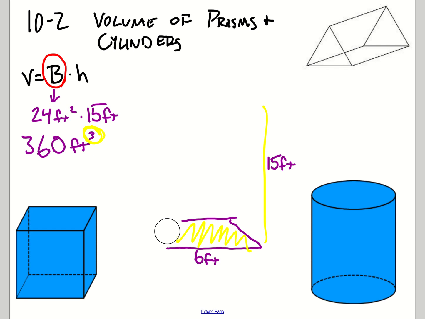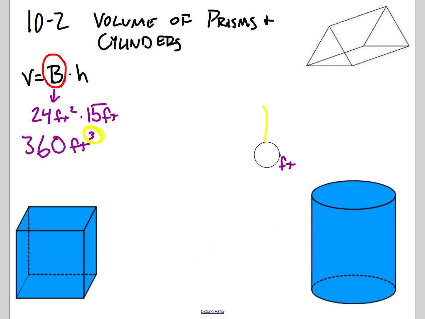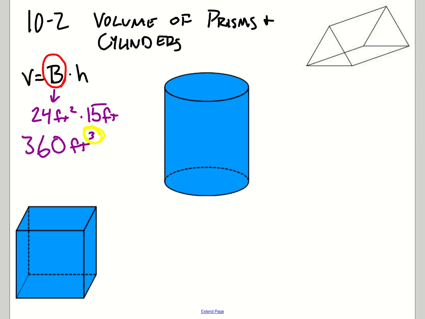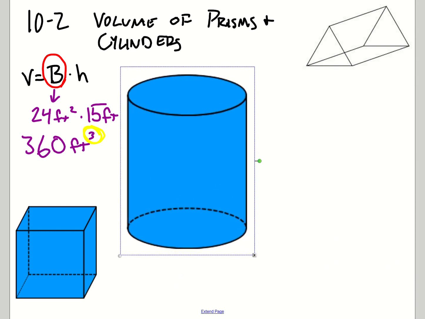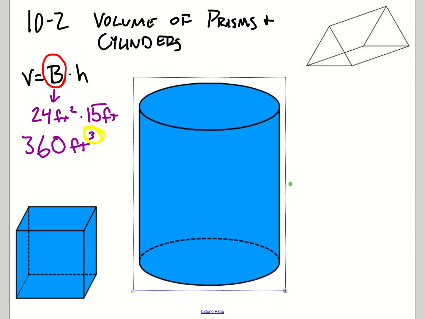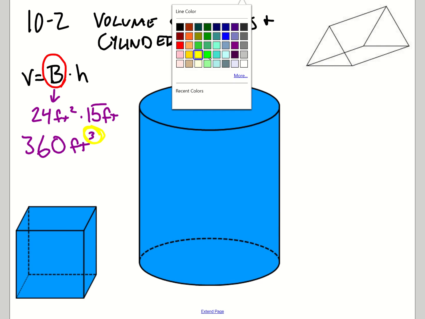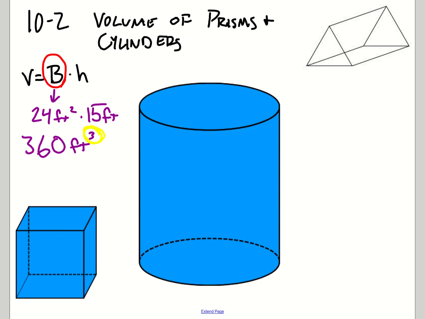So if I were to have like this cylinder, I would say, all right, cylinder, here we are. Show me what you got. And on this cylinder, I've got, go with a lovely lime green color. I've got, we'll say I've got a radius of 3 and a height of 5.